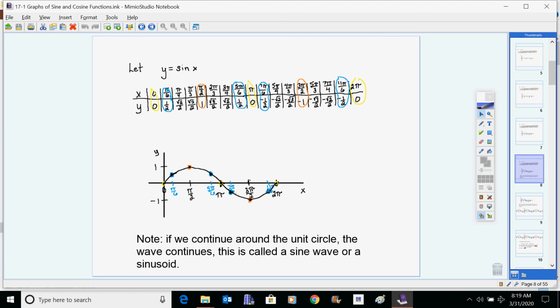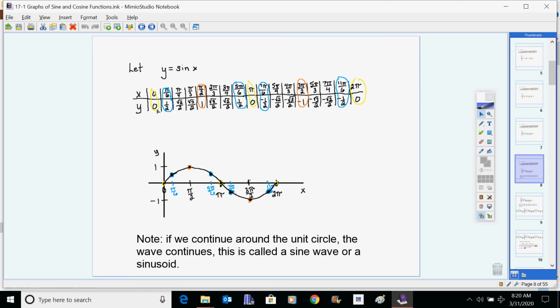But what would happen is, after you get to 2 pi, if you moved yourself around again, you would find that these values would be repeating themselves, because 0 and 2 pi are really the same place on your unit circle.